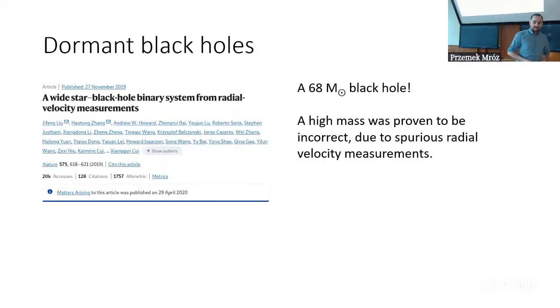Of course, this has been a topic of a lot of research, and people have been trying to push and find more and more black holes over the past few years, but very often these efforts are fruitless. Some of you may remember that paper from 2019 by the Chinese group, which claimed the discovery of a 68 solar mass black hole.